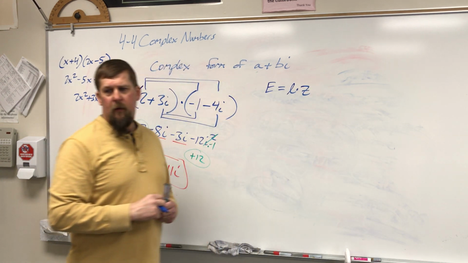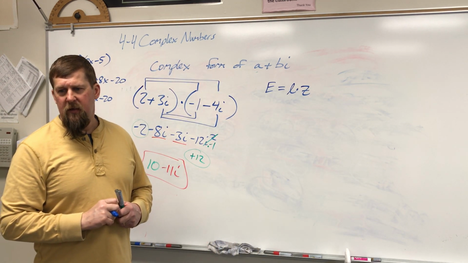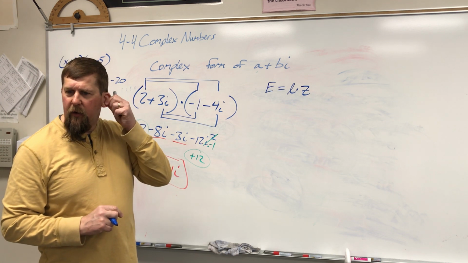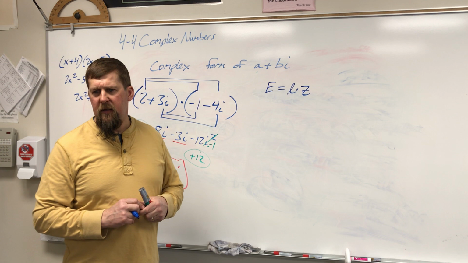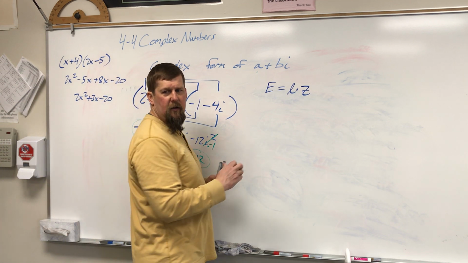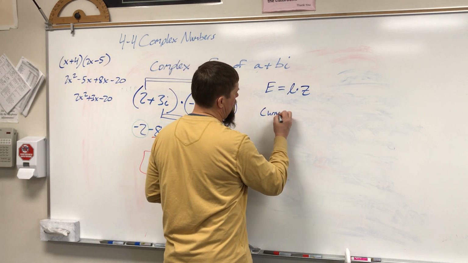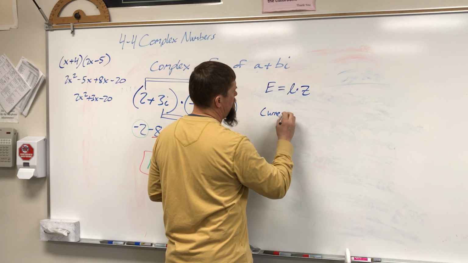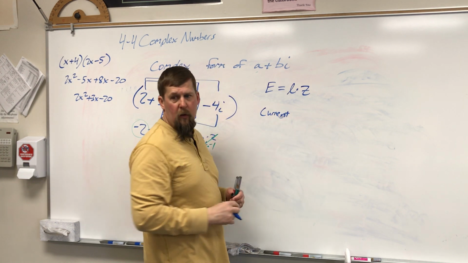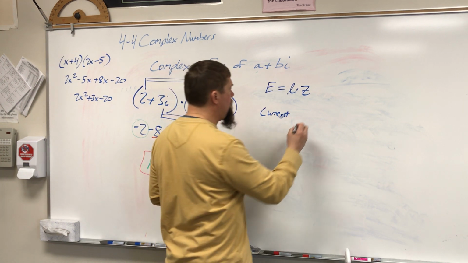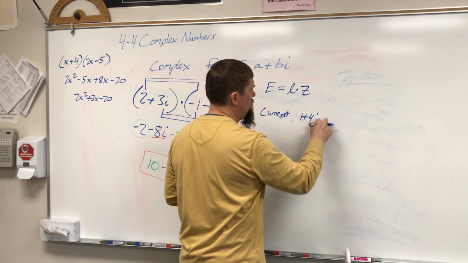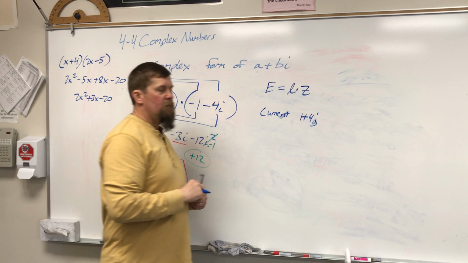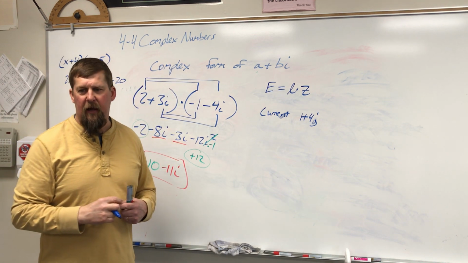Now, E as in voltage is equal to L, the current, times the impedance Z, and they say that the current is 1 plus 4i, or I guess they use j, but it's very similar in this case to i.